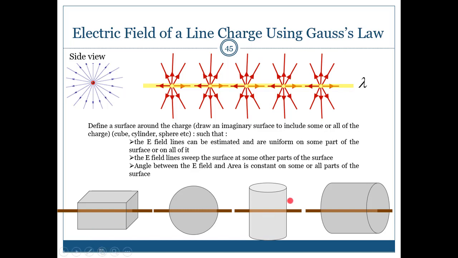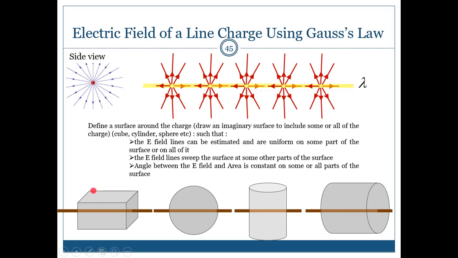Well, I can immediately eliminate some, right? Like, for example, the sphere, guys. Still, we're going to look at the sphere, but if I enclose my line charge in a sphere, by the way, important note that I'm not enclosing all of the line charge. Since it's an infinitely long line charge, I cannot enclose all of it in my Gaussian surface.